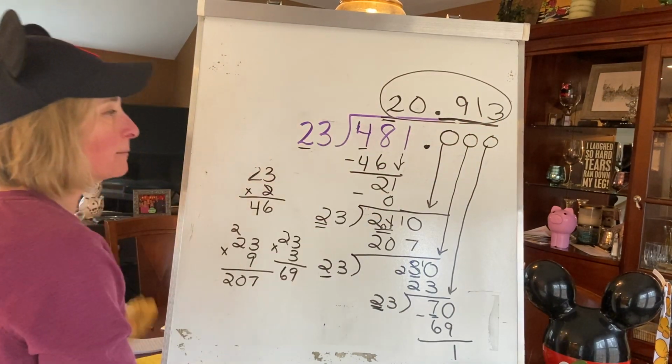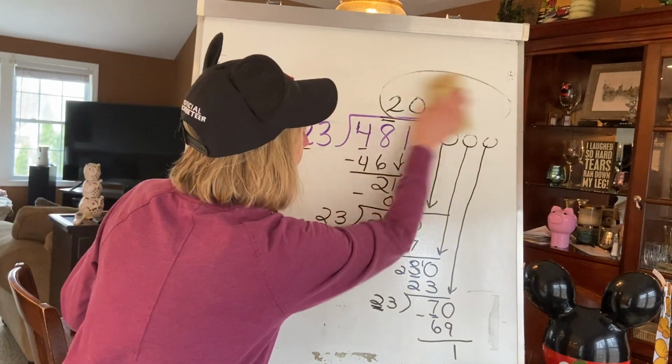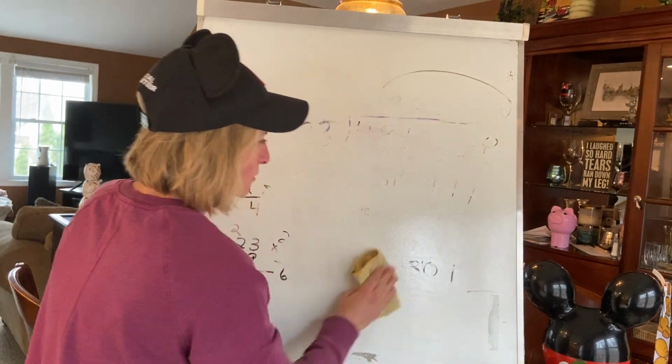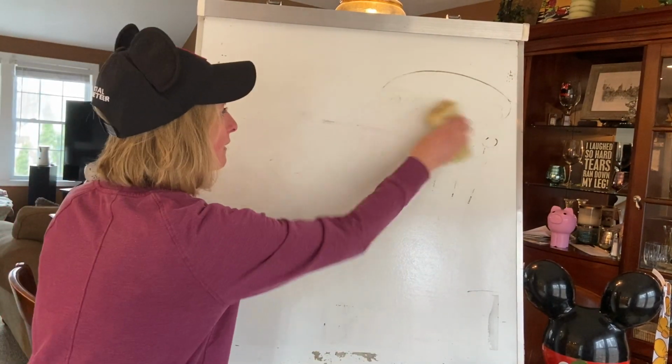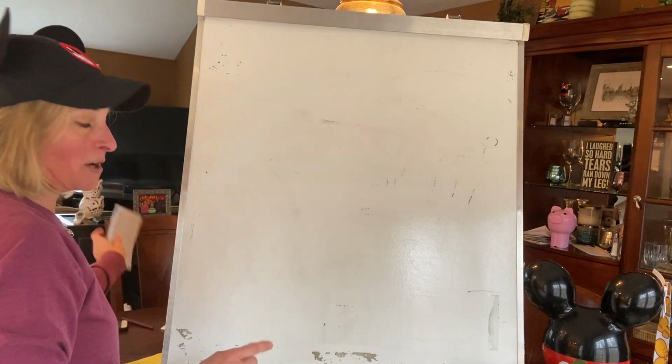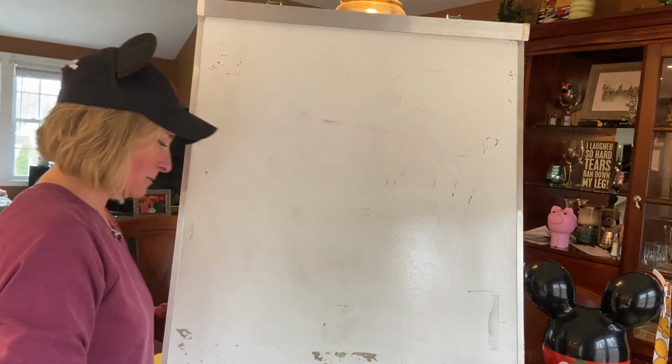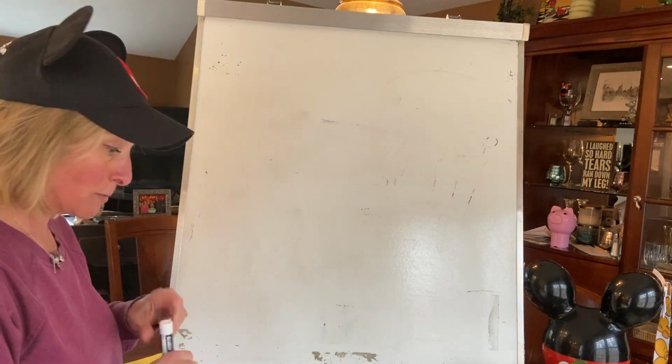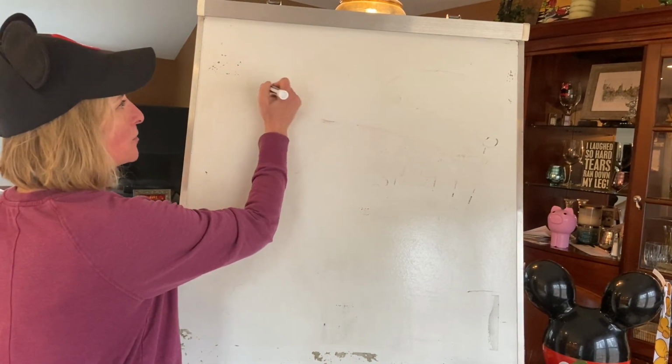So that was one problem. The other problem was one where you had to compare and order the decimals. So you had ones like this. Now I'm not giving you the exact problems because I want you to be able to go back and do those problems. So I came up with new ones.